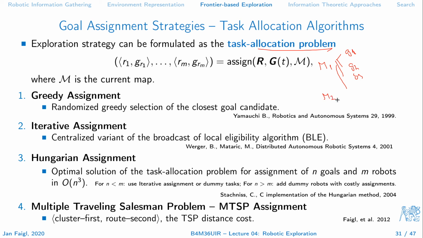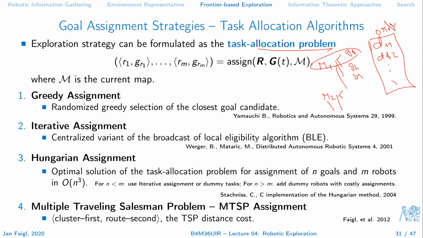And you can do that for all robots, and then you can order this according to the distance, and then you will assign the first robot, then you follow up once you reach another robot, and so on. And this can actually be performed in a distributed manner using the broadcast of local eligibility.